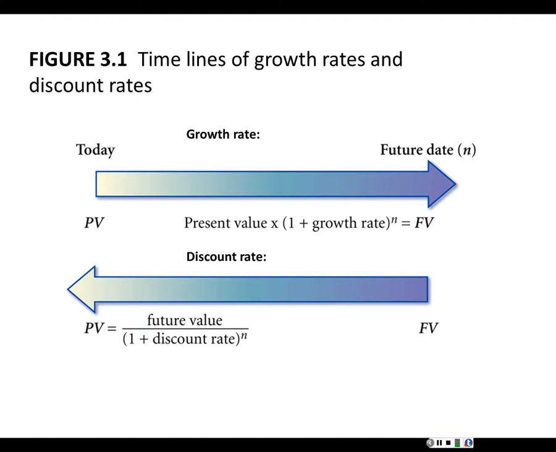From a time value perspective, when we are looking at anything, the reason it's called time value is the element of time. Typically when you're looking at a time value formula, there is going to be a present and a future. The amount that is present is called present value, or PV, and the amount that we are calculating in the future is the future value.